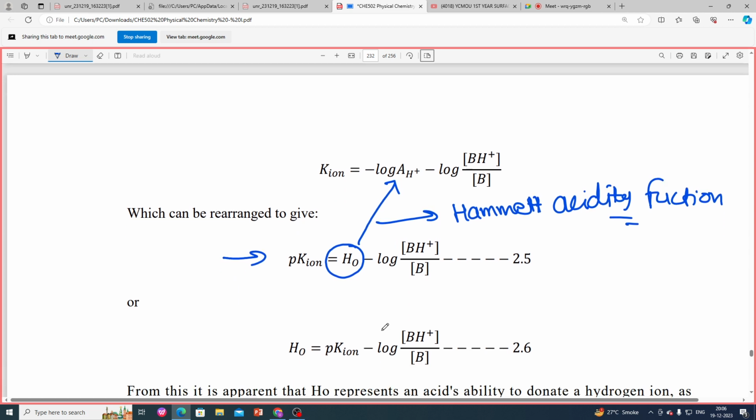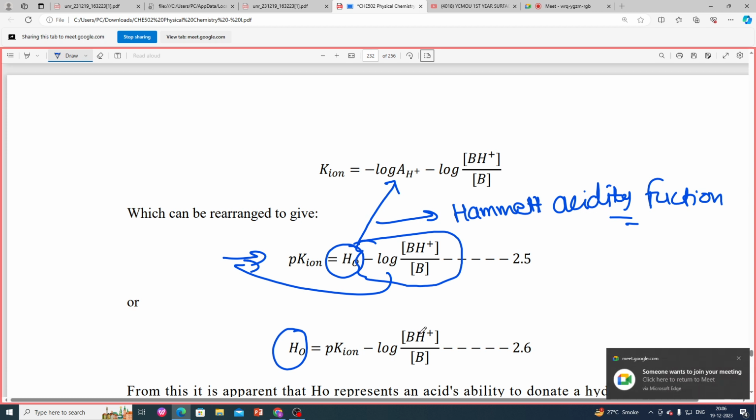This H0 value is found by using this equation. H0 stays here, and the remaining term, the minus log term, goes to the other side, then we get the plus. That means H0 is equal to pK_ion plus log of the concentration of BH+ divided by the concentration of B. We get the equation like this.